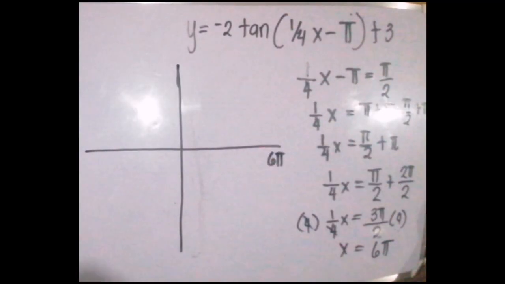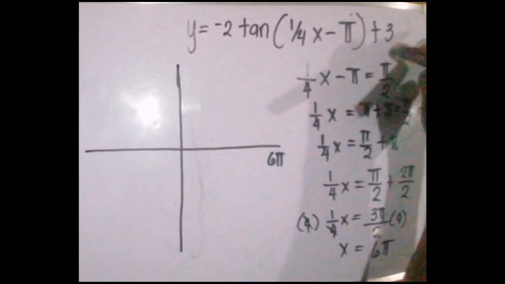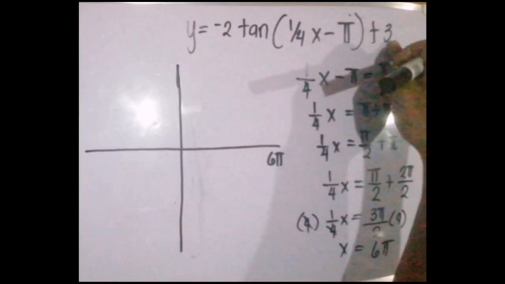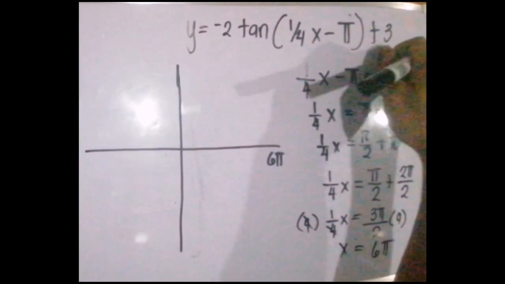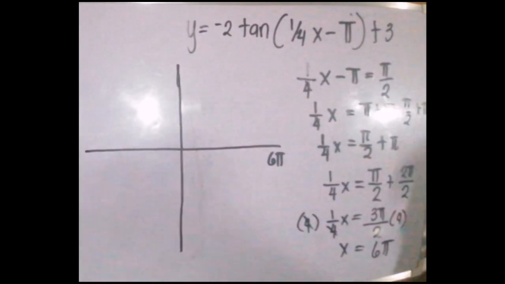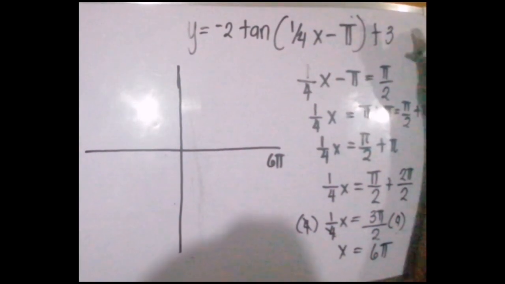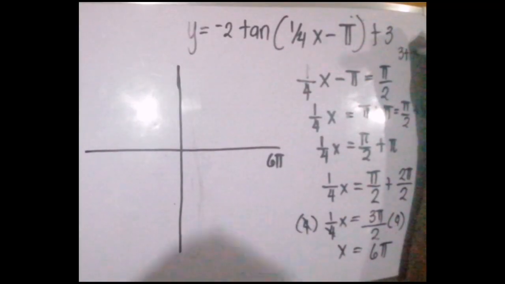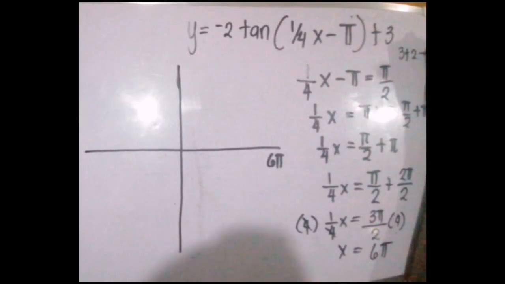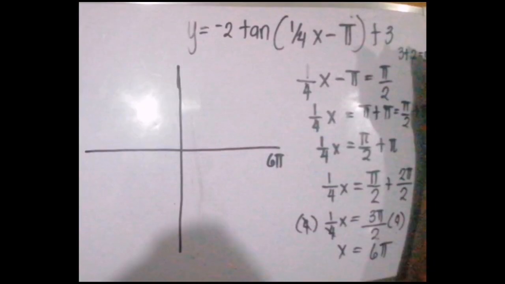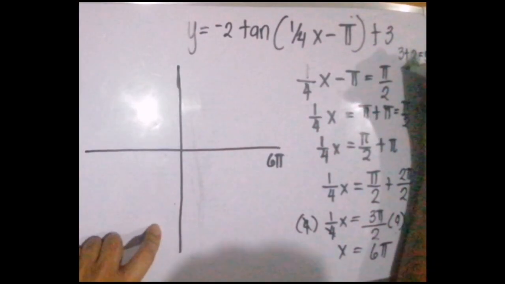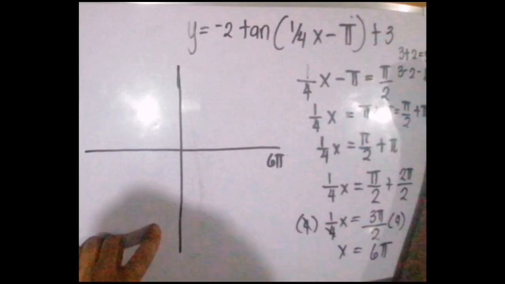In order for us to get our upper limit, we're going to add the vertical shift to the amplitude. So 3 plus 2 equals 5. In order for us to get our lower limit, we're going to subtract: 3 minus 2 equals 1.